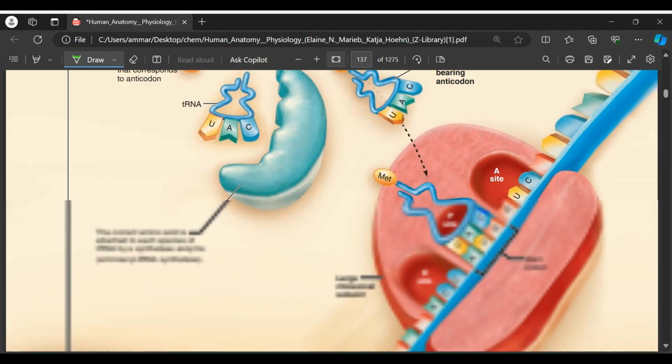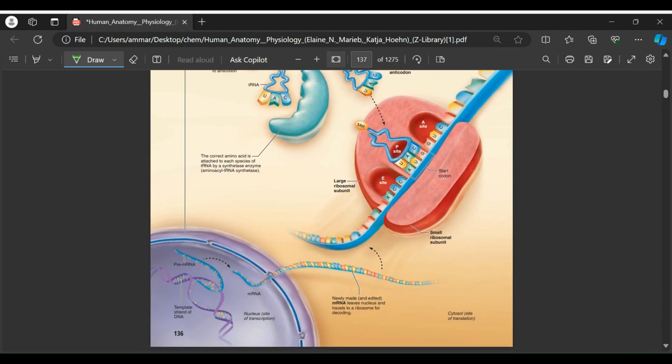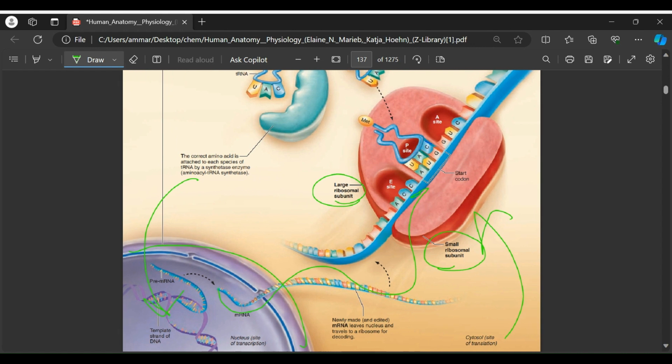After this explanation, I just want to make sure that I didn't miss anything. This is the nucleus. Here is the transcription, and here is the translation. The messenger RNA will go here to the small ribosomal subunit and the large ribosomal subunit.